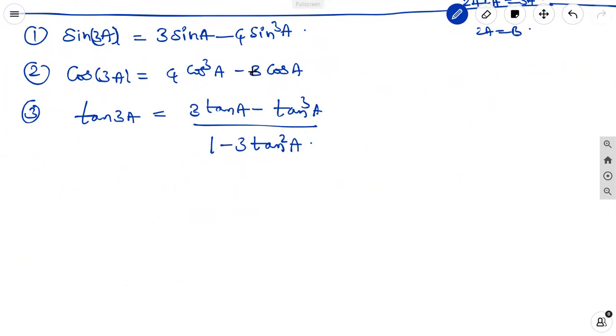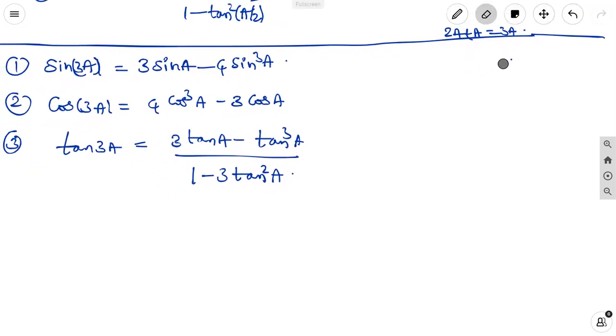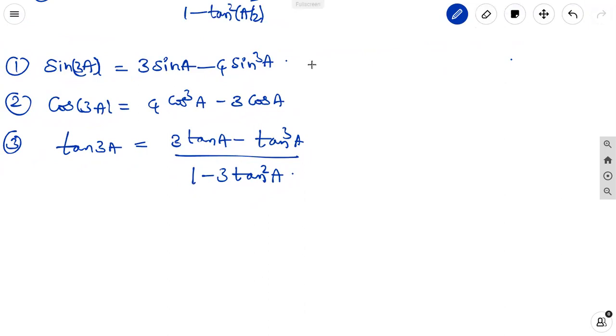These formulas we can use in the problems. From this, we can write the sine cube formula: taking terms to the left side, sine cube A, with 4 as the division, 4 sine cube A equal to 3 sine A minus sine 3A, so sine cube A is 3 sine A minus sine 3A by 4.